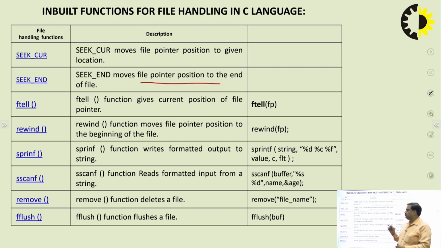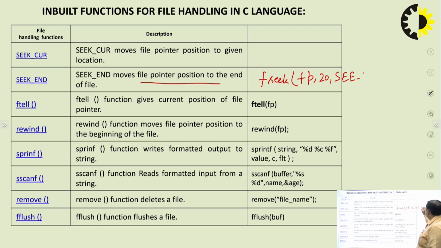If we want to move backward, in that situation we can write fseek with the file pointer, number of bytes, and SEEK_END.